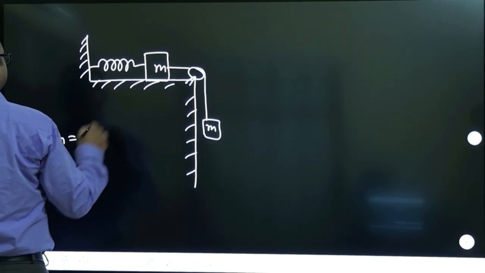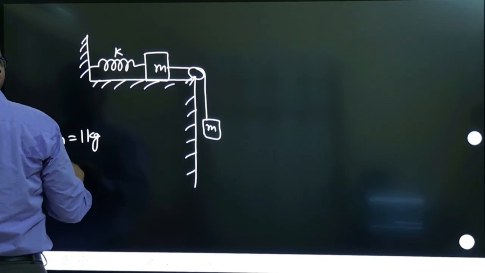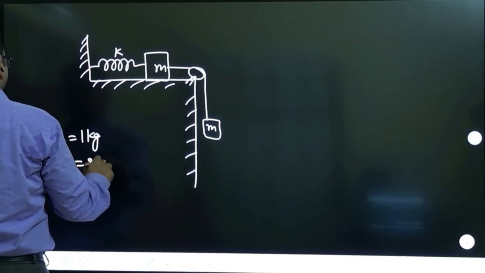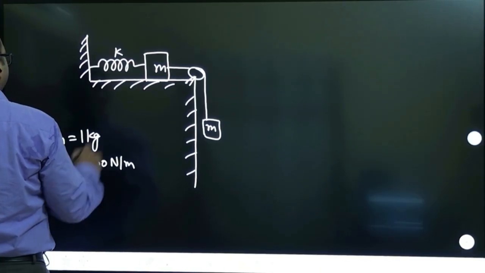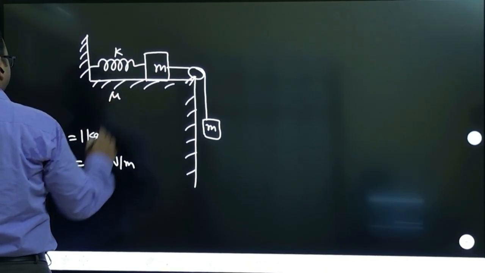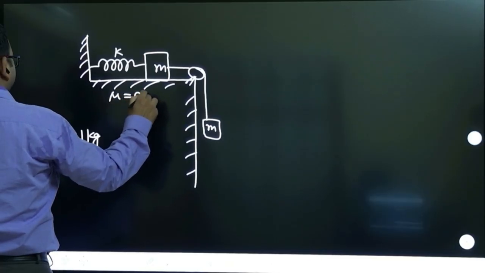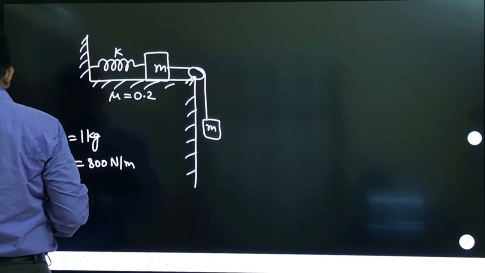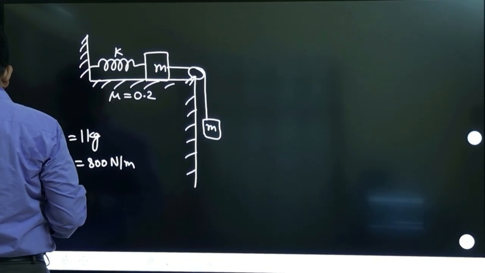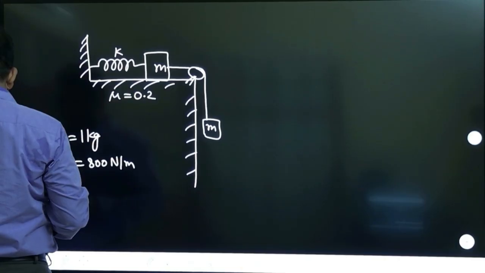The spring constant is given as 800 Newton per meter. Here there is a coefficient of friction, mu is 0.2. Pulley is frictionless. The system is held with the spring at its relaxed length and then released. Find the maximum displacement of the block in subsequent motion.